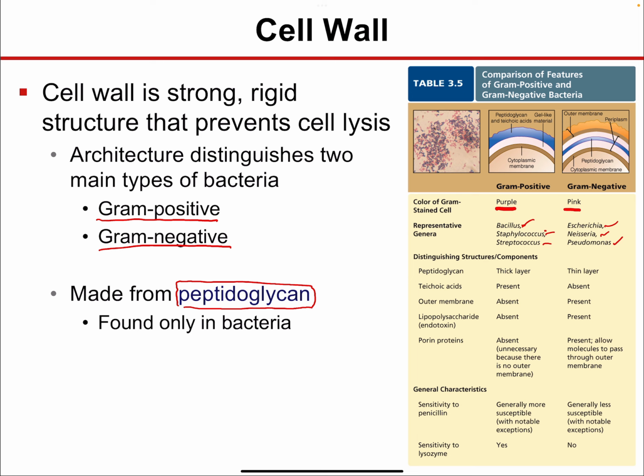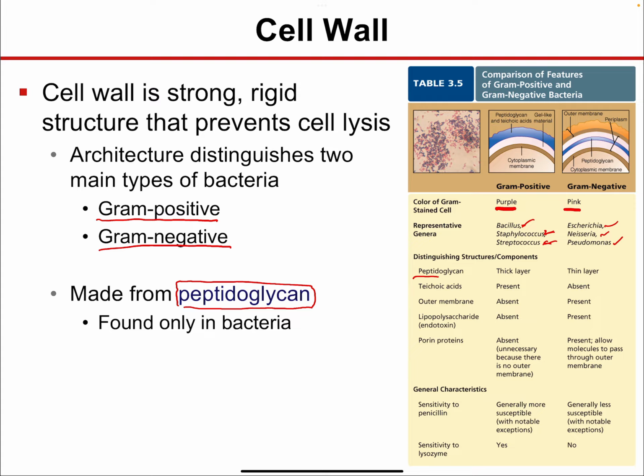Staphylococcus aureus causes staph infection, and Streptococcus causes strep throat infection. This is just to get you to relate these organisms with real-life situations. Now, let's continue the comparison between gram-positive and gram-negative and talk about some structural characteristics.